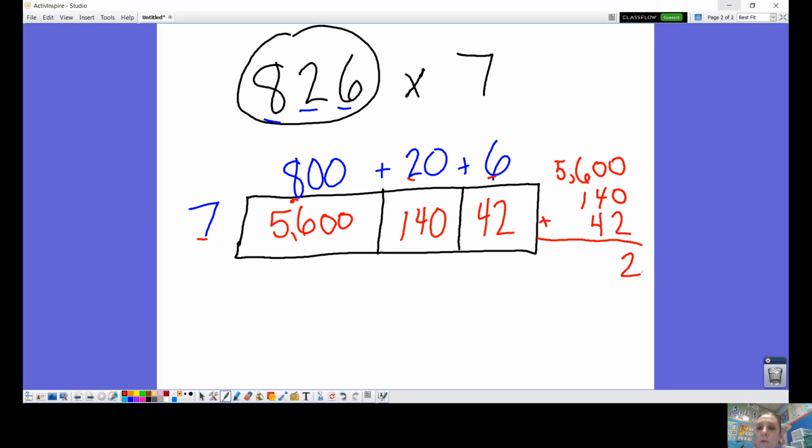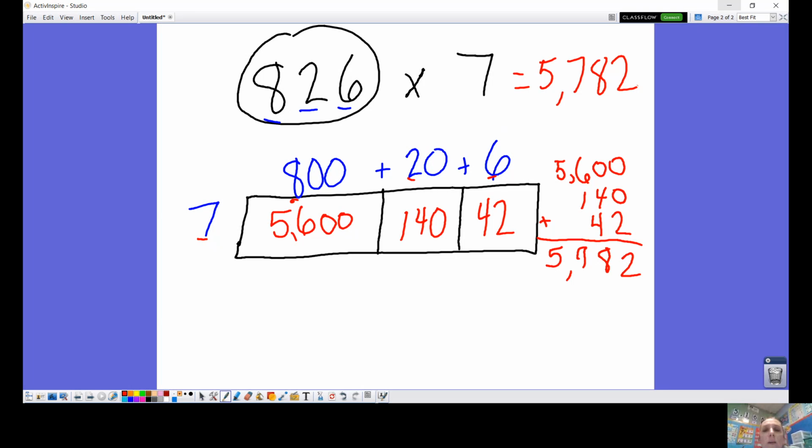The tens place, 0 plus 4 plus 4, 4 plus 4 is 8. Your hundreds place, you have 6 plus 1 was 7. And then your 5 has nothing under, so you just bring it down. So 5,782. So hopefully, if you did everything correct, 826 times 7 is 5,782.